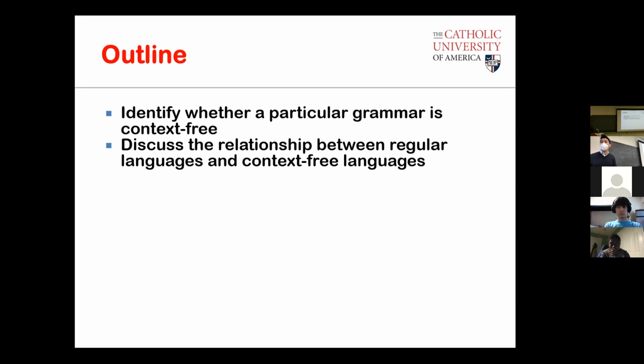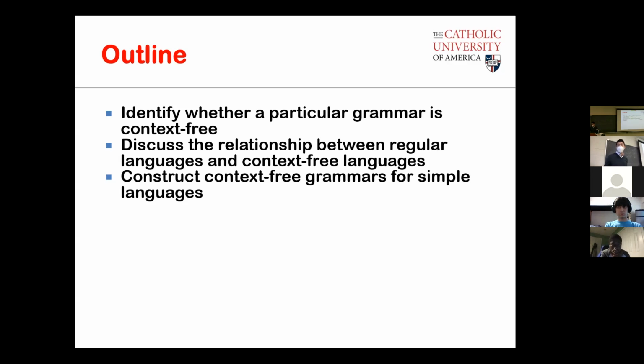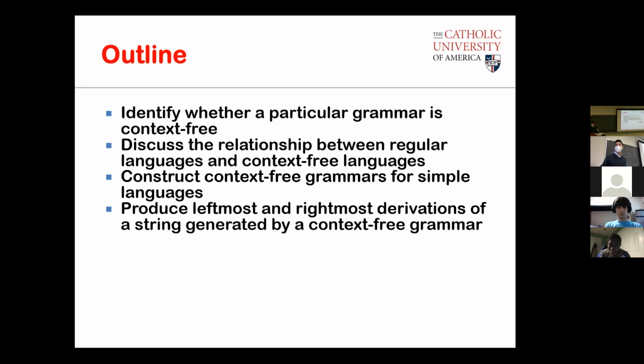And we're going to discuss the connection or the relationship between regular languages and context-free languages. Okay? We are going to construct context-free grammars for simple languages. We're going to produce the leftmost and the rightmost derivation of a string generated by a context-free grammar.